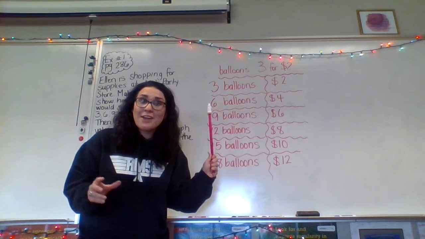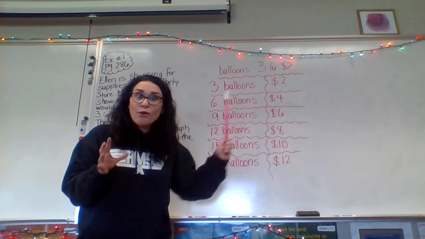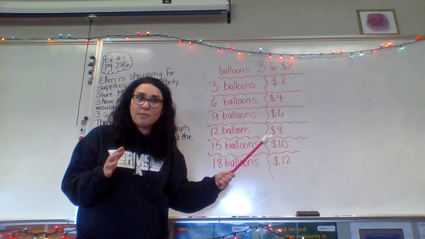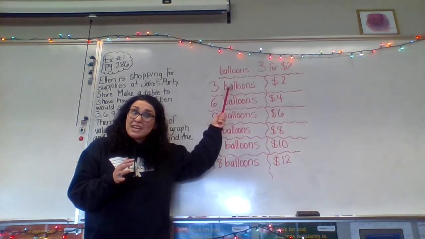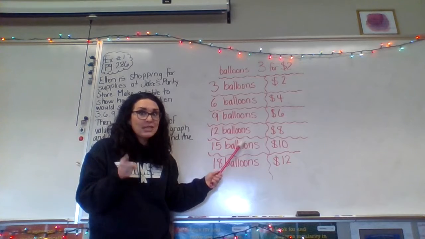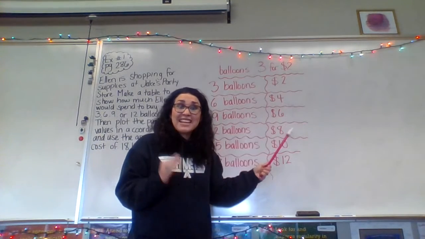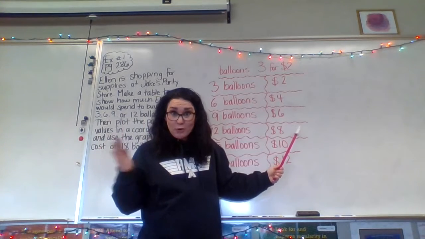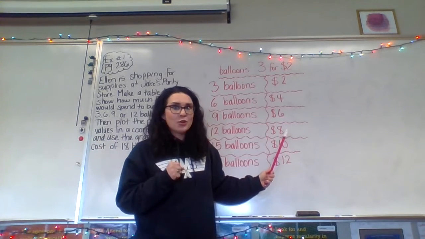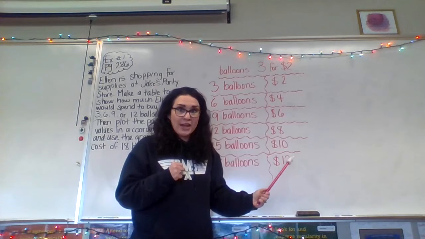Same here. When we're graphing this information, your input, the number of balloons, is going to be your X coordinate, and the price, your dependent variable or output, is going to be your Y coordinate.